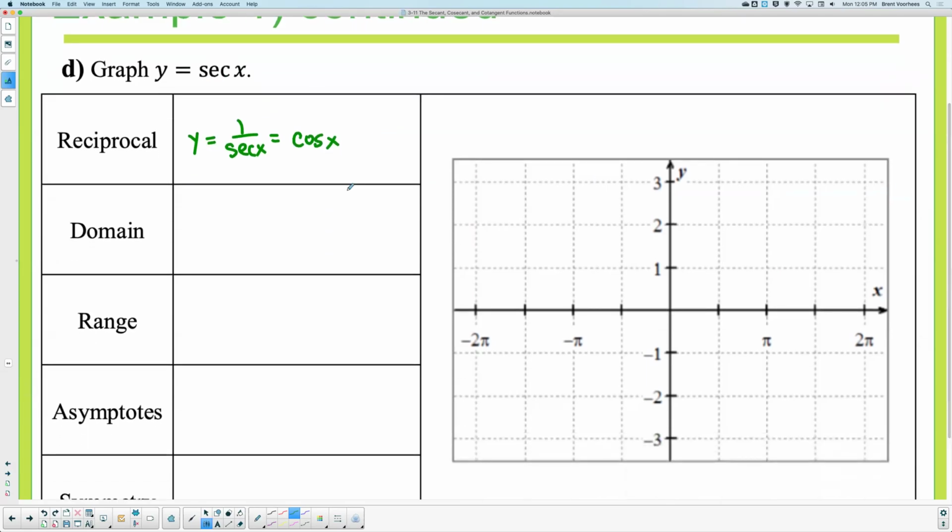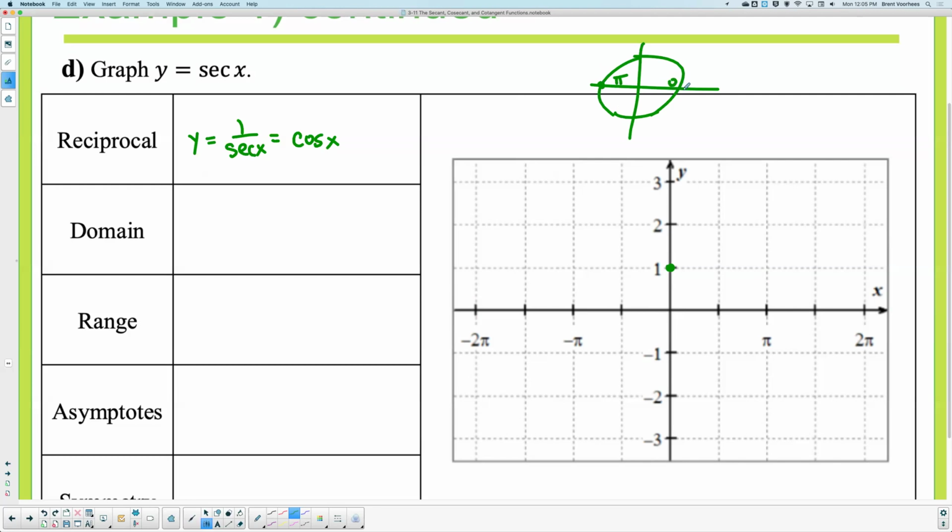Tell me about cosine. Where does cosine begin? Its maximum. It begins at its maximum of 1. When does cosine reach its minimum value at -1? No. Think about the unit circle. It's on the far left. Cosine gets its minimum at the far left. This is its minimum. It's at pi.